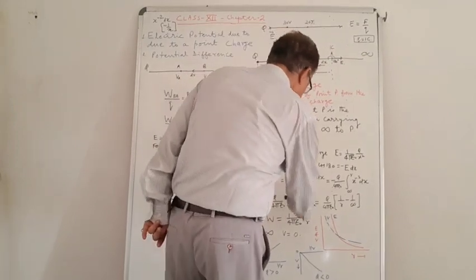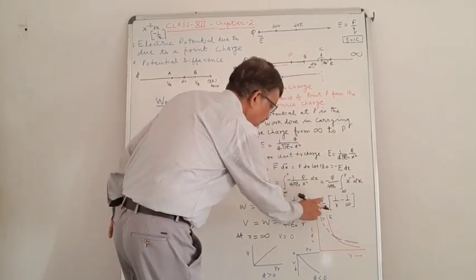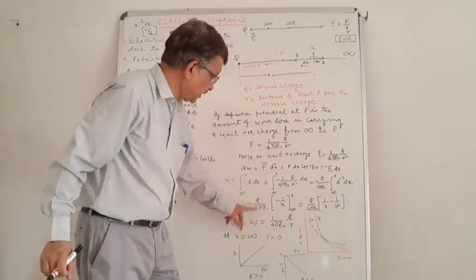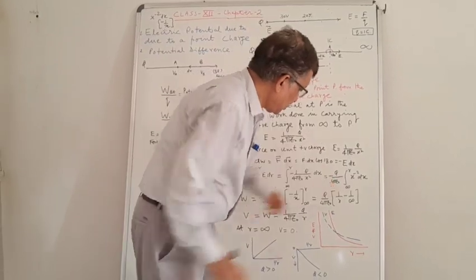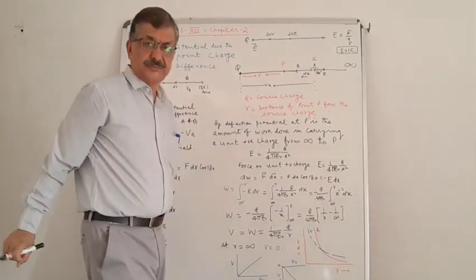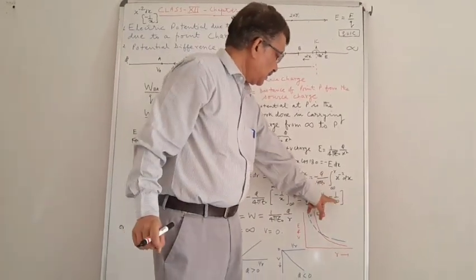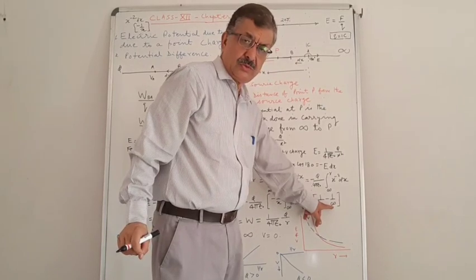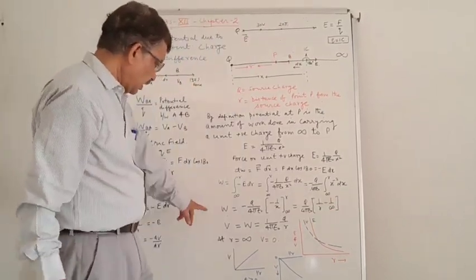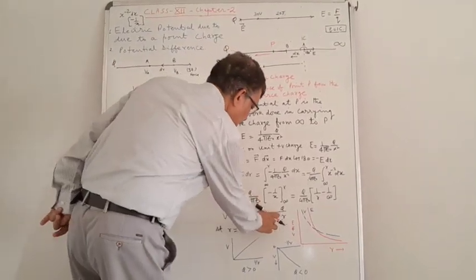So W will be Q over 4 pi epsilon naught, this minus sign will come out and make this plus, so it will be 1 by R minus 1 by infinity. Now 1 by infinity is equal to 0, so this factor will be 0. So the total amount of work done will be 1 by 4 pi epsilon naught Q by R.